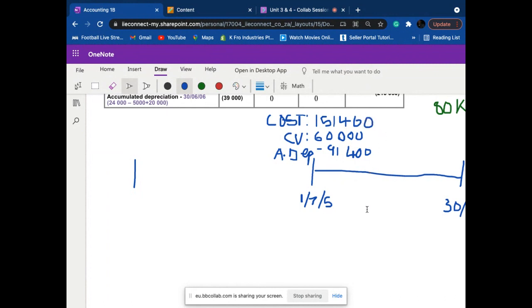Now that we have the cost, we say to ourselves, okay, cool. So the cost of the other vehicles, the ones that we didn't sell. I'll just put other and then put V, okay? So we're saying 560,000.